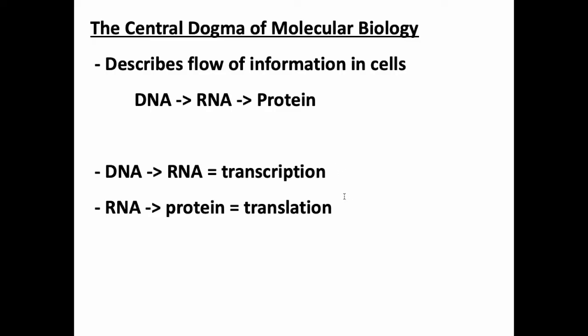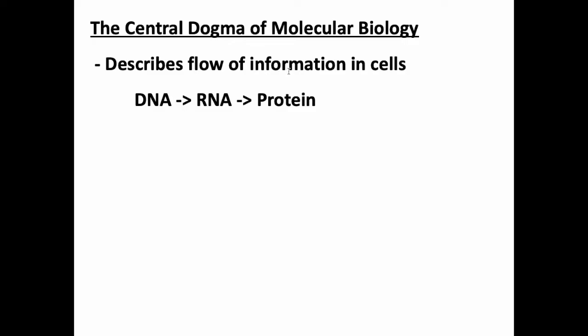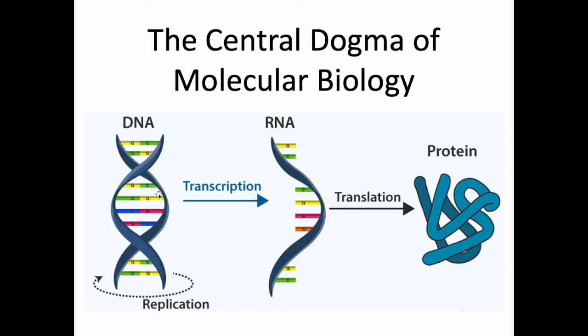The other thing I want to point out here is this is the flow of information. When I say DNA goes to RNA, we are not taking a DNA double helix and physically morphing it to become RNA. We are not transforming this molecule into this molecule.